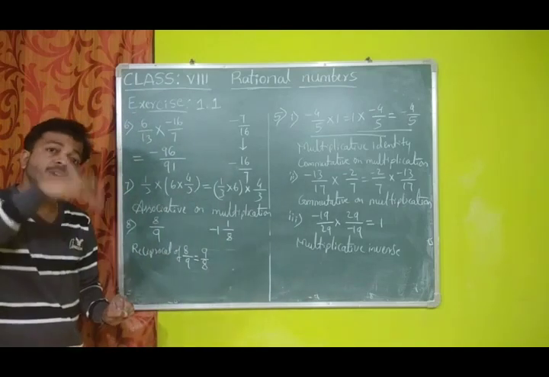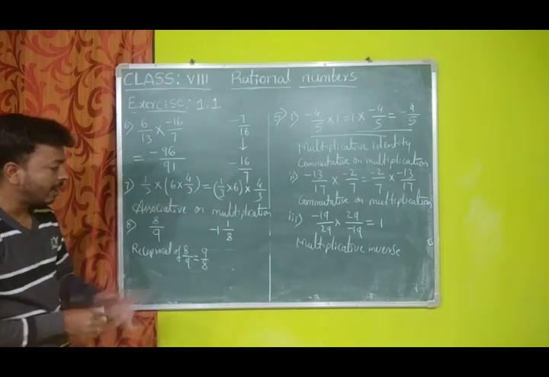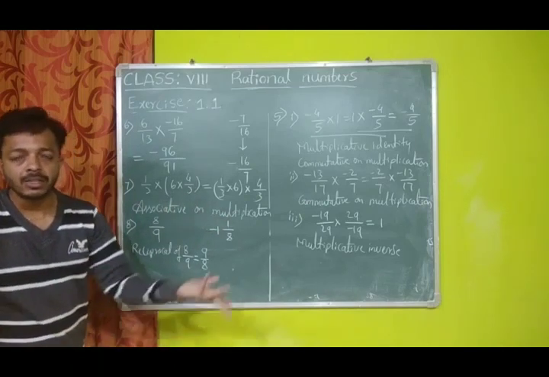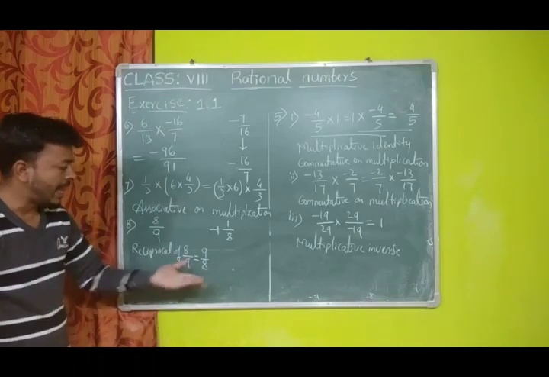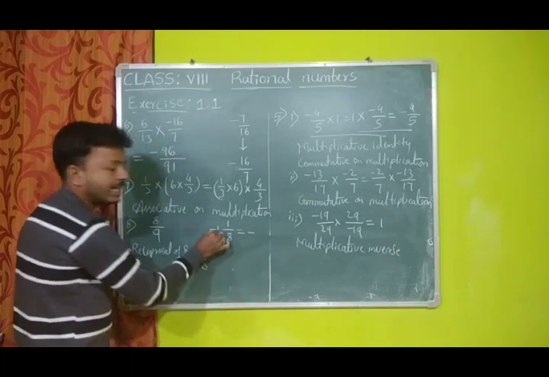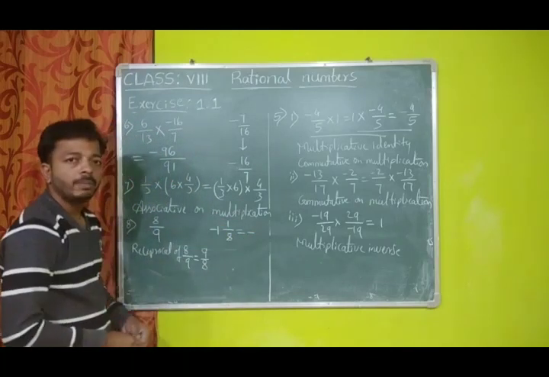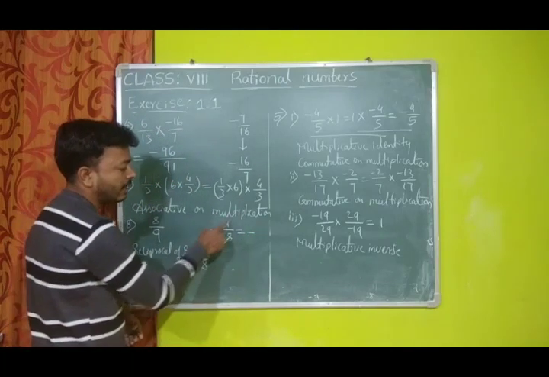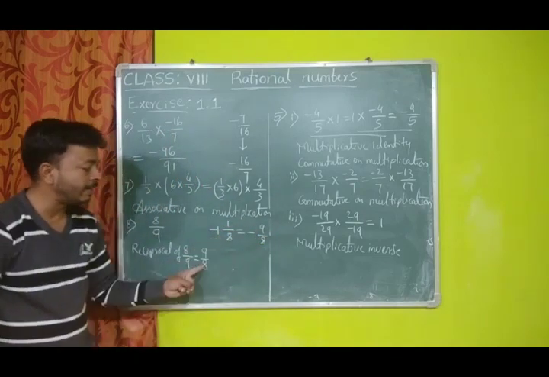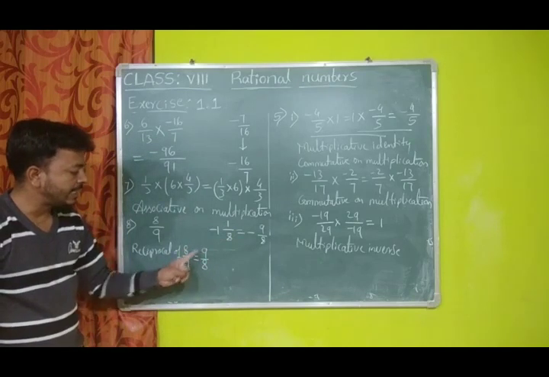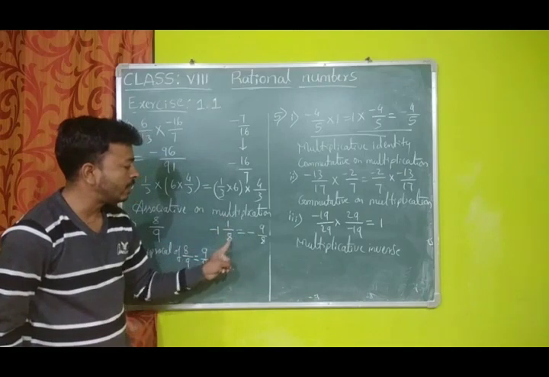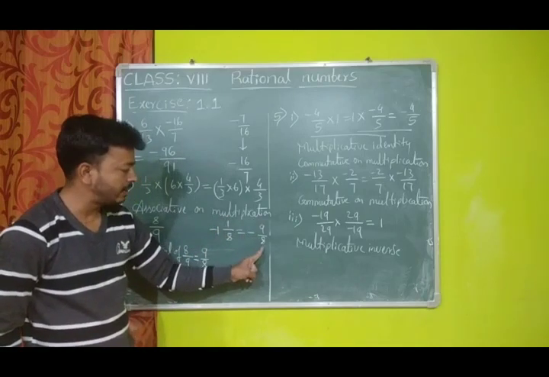Here they changed the sign, so this is not a multiplicative inverse. And one more thing: simplify this. Minus 8 ones are 8, 8 plus 1 is 9 by 8. Here 8 by 9 is there, whose reciprocal is 9 by 8, and minus 1 upon 8 is minus 9 upon 8.